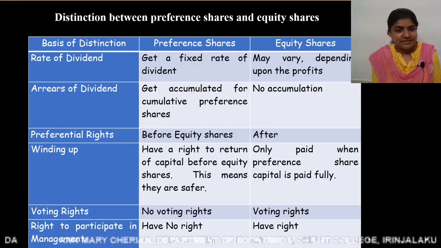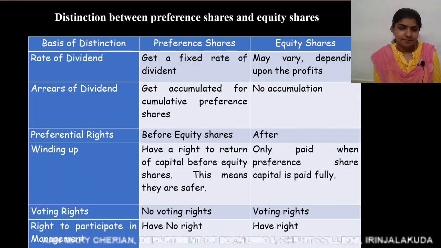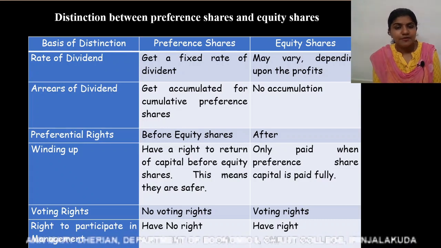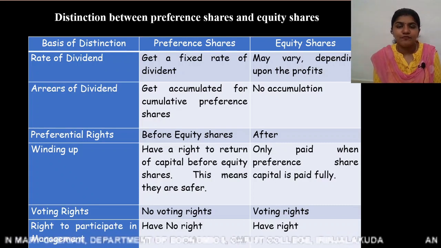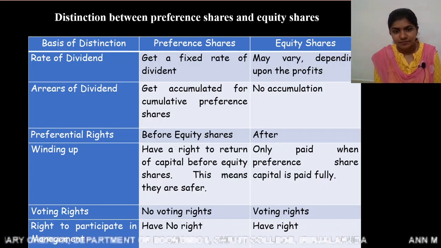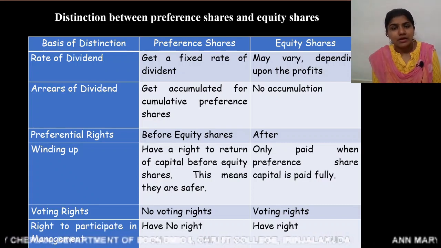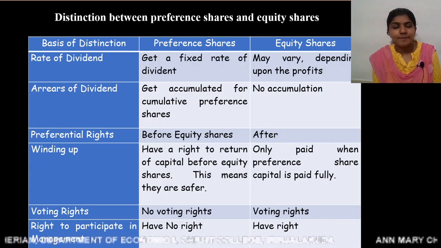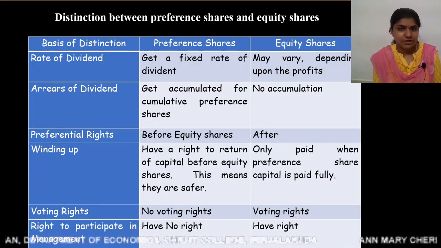Next basis of distinction is winding up. Preference shares have a right to return of capital before equity shares. So, even at the time of winding up, preference shares have got a preferential right.